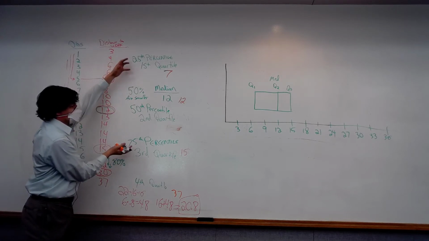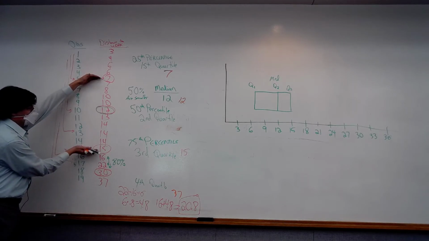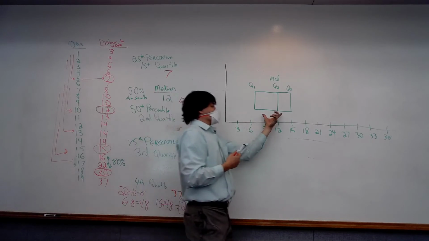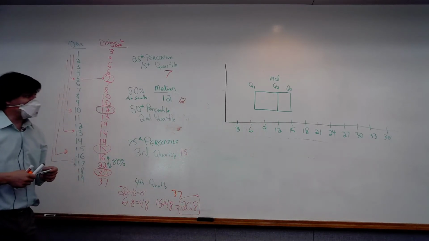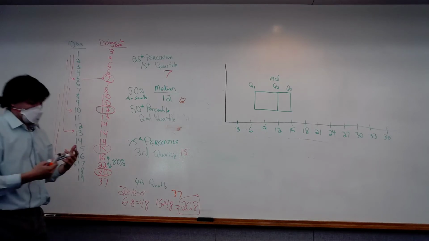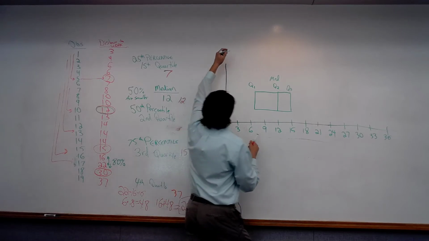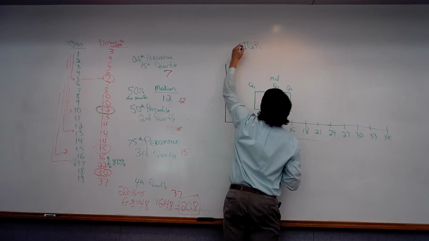So this chunk is 50%, and so from 7 to 15 is half of our data. So already I can kind of visually pick up where the data tends to fall. You will hear this, well, this is not used all that often, but this is the IQR, the interquartile range.